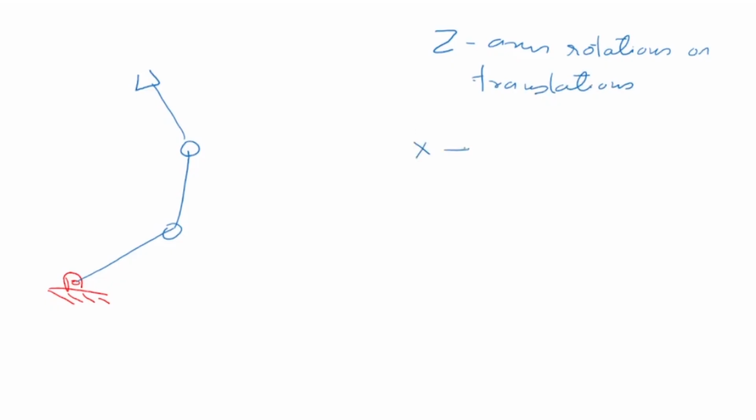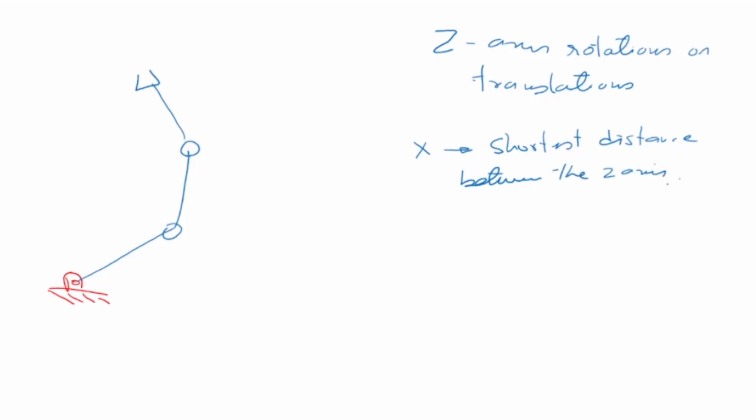The X axis is the shortest distance between the Z axes.